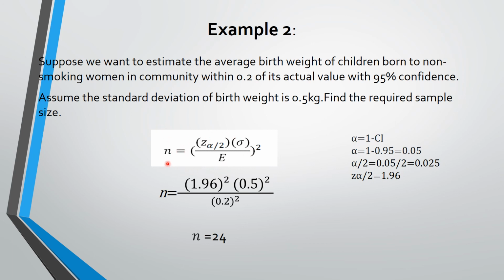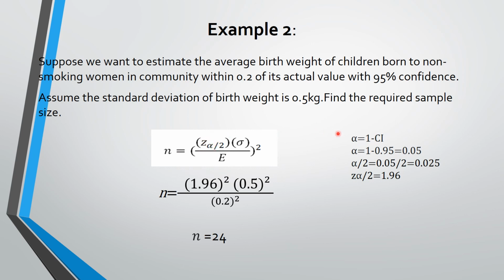Now this is the sample size formula for the population mean, as we have already discussed, where n is equal to z alpha by 2 into population standard deviation over the margin of error, and square of all the values, where we will take the z alpha by 2 value from the table, but for which alpha is required.